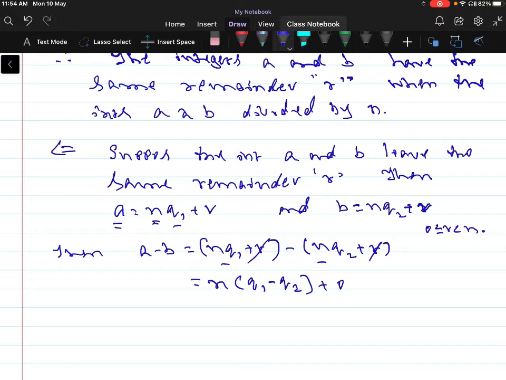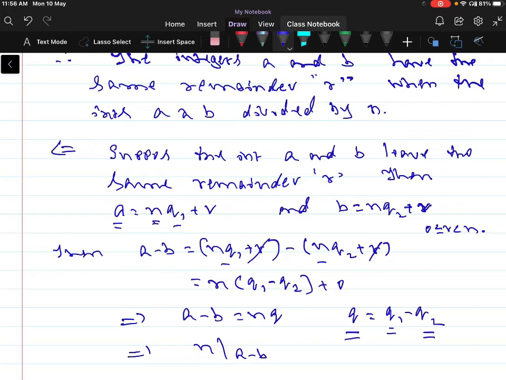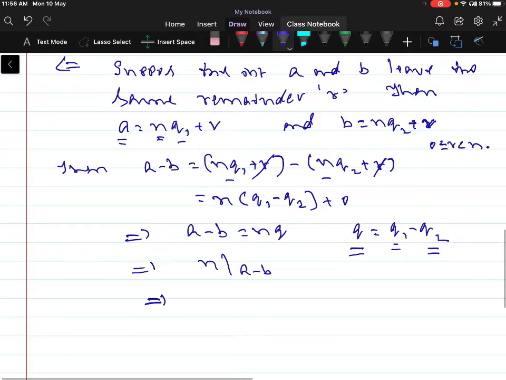So this implies a minus b is equal to n into q, where q is equal to q1 minus q2. Here q is an integer, since q1 and q2 are integers, therefore q1 minus q2 is also an integer. So this implies n divides a minus b, which can be written as a is congruent to b modulo n. So this is the proof of the theorem.